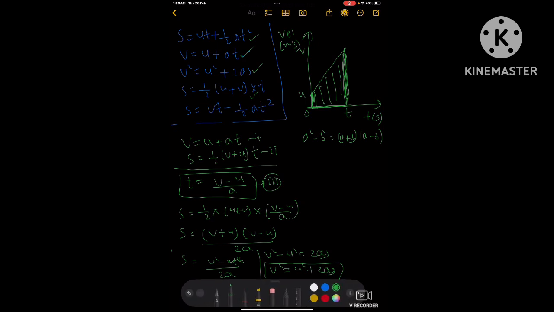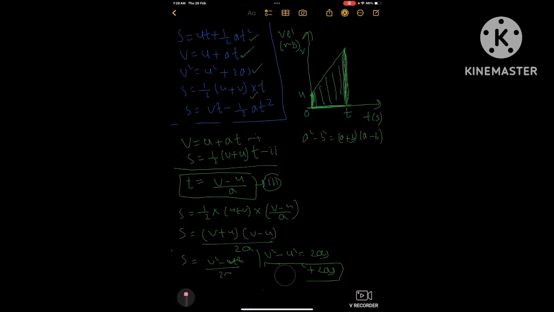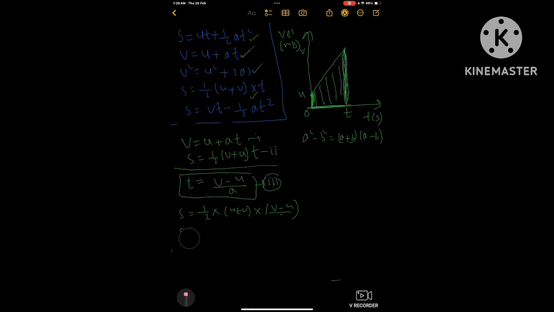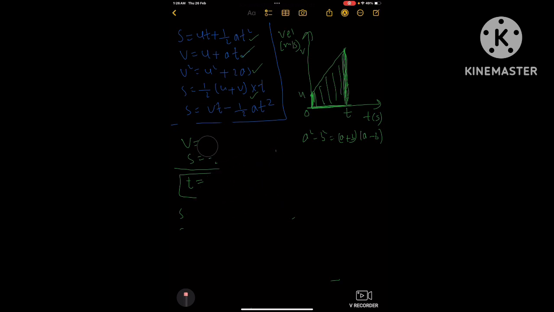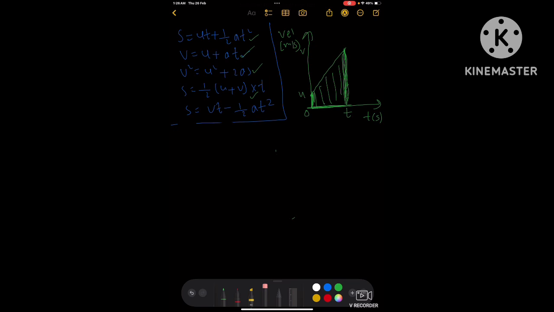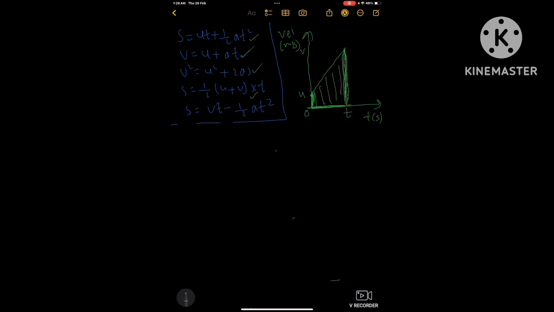Now let's derive the last one. For that, we will need the same equations, v equals u plus at and s equals 1/2 (u plus v) t.